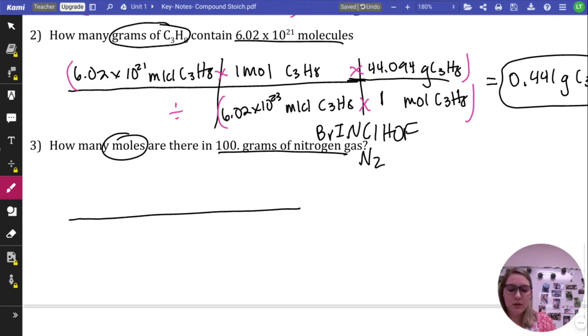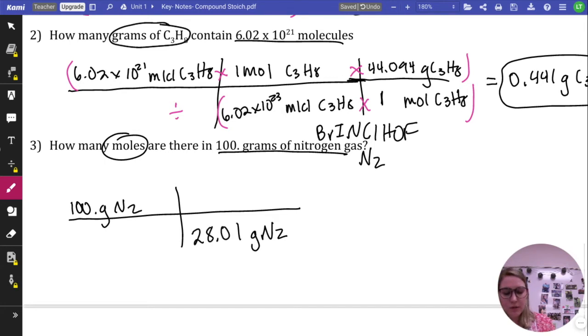Okay, so once again, we're going to take what's given. So I have 100 grams of nitrogen. Grams is not what I want, so if no, drop it low. All right, and when in doubt, moles it out. So I want to get to moles. So I'm going to take my molar mass of nitrogen, which is 28.01, and I know that my molar mass is always equal to 1 mole.